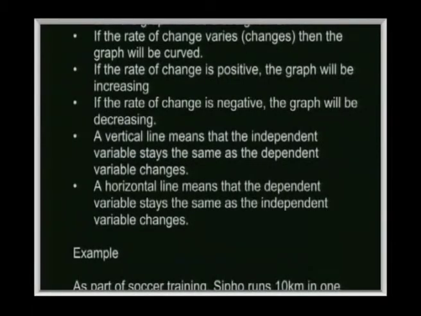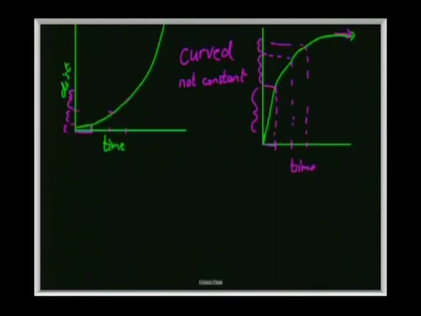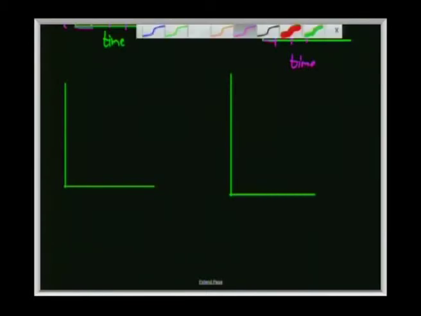If the rate of change is positive, the graph will be increasing. Let's have a look at a new graph. Let's draw our axes. And I'm going to draw another axis over here to compare the next thing.